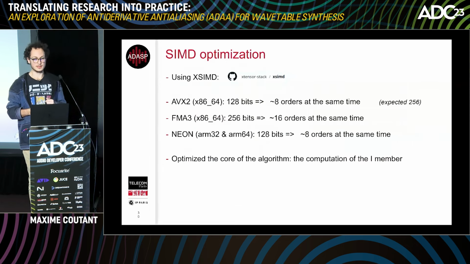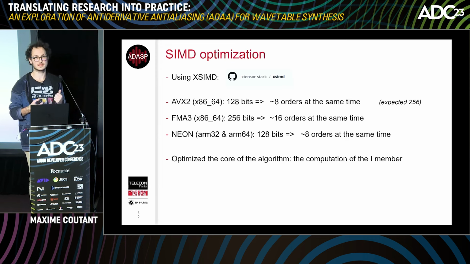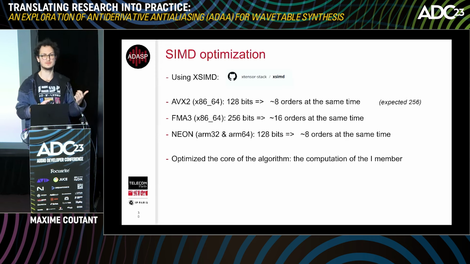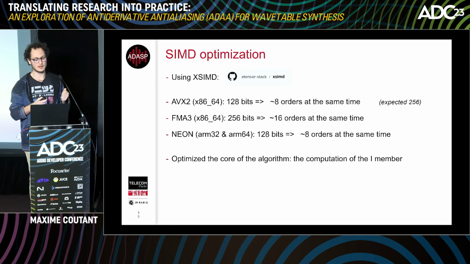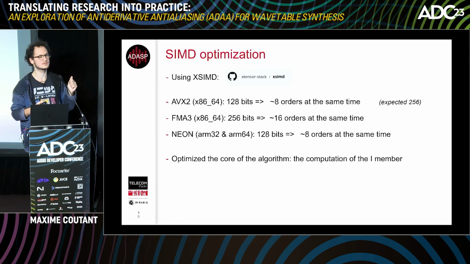Okay. Now the algorithm is working. I had a working version so far, so let's try to optimize it. So I decided to use XSIMD, which is a C++ library for really easy cross-platform SIMD implementation. On AVX2 mode, it offers me 128 bits, which is kind of weird, but that's what it offers me.